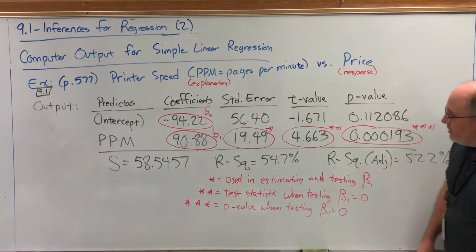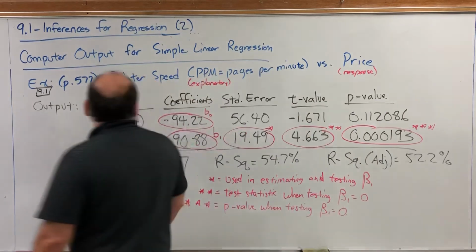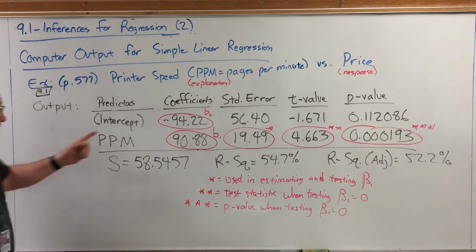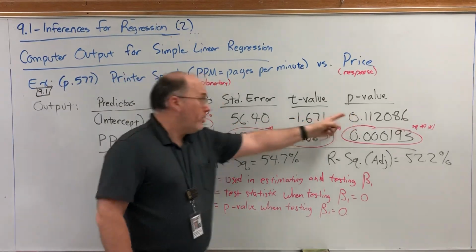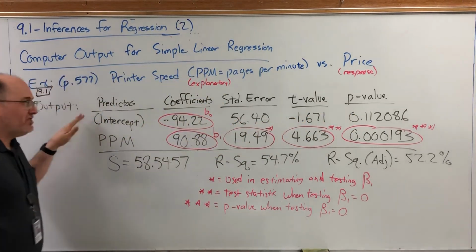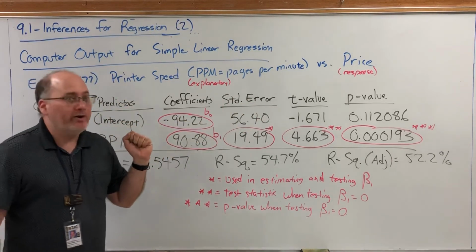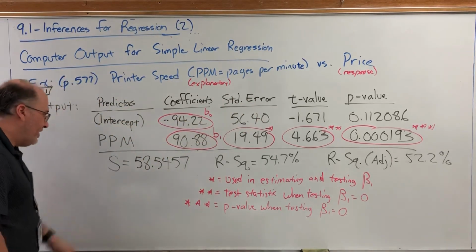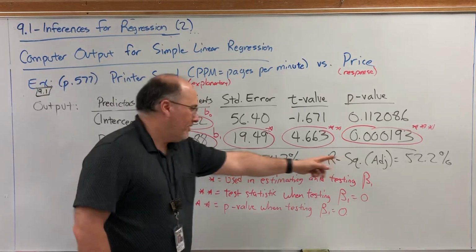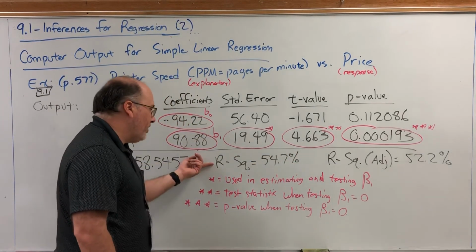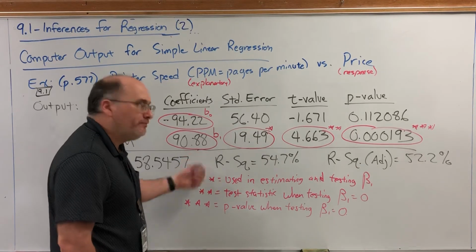So again, when you see computer output for regression, it's loaded with values, not all of which we're going to use. These things up here in the intercept row, if we were testing or estimating the intercept, we would use those, but we are not going to test or estimate the intercept. These values down here we'll talk about later, particularly this r squared, which is going to be a backdoor way to figuring out the correlation.